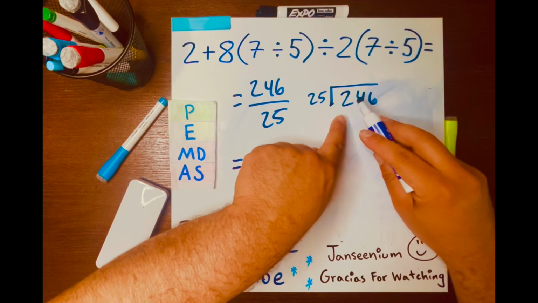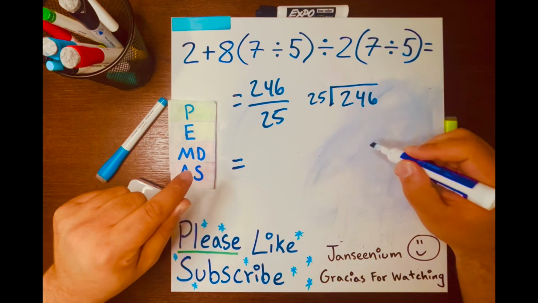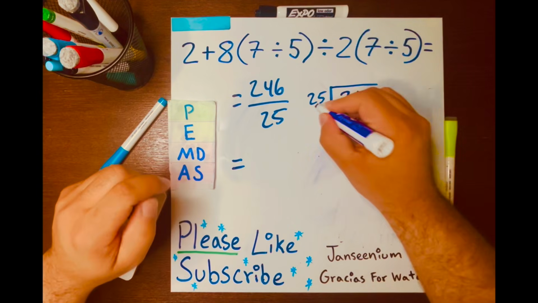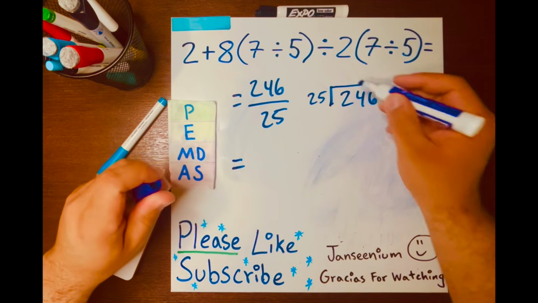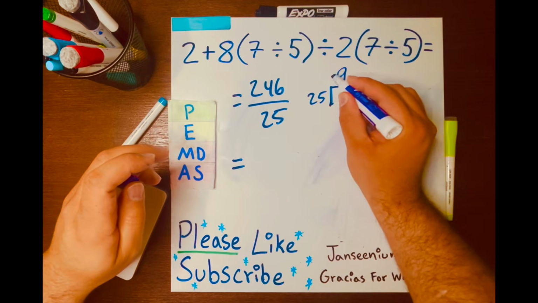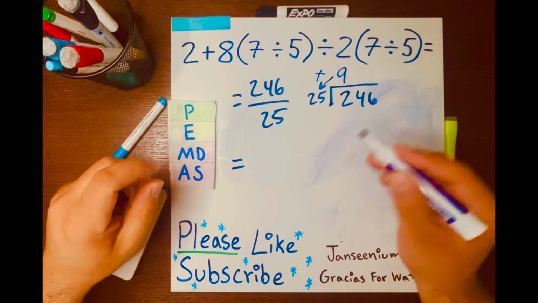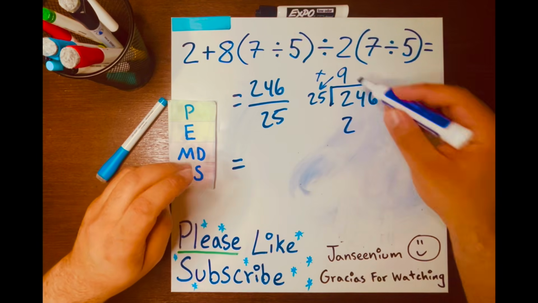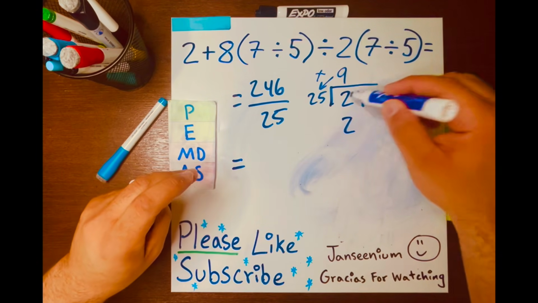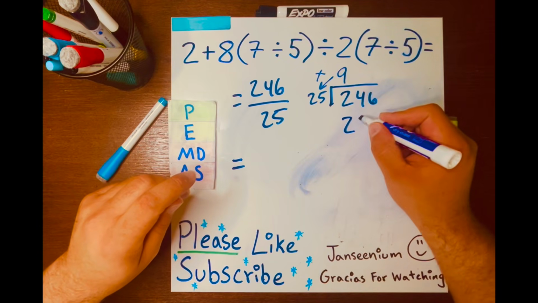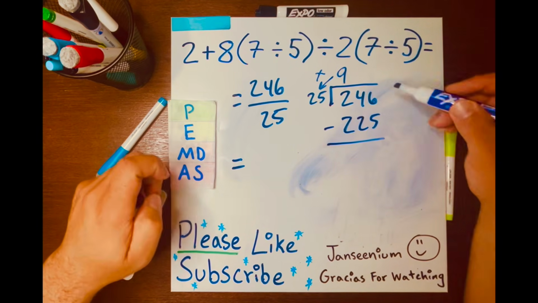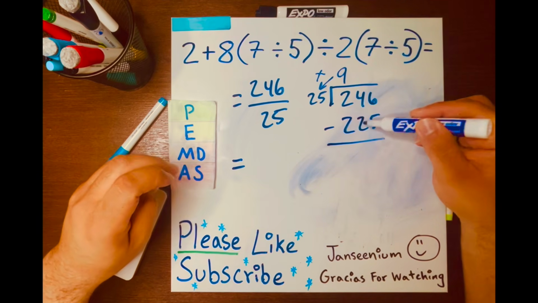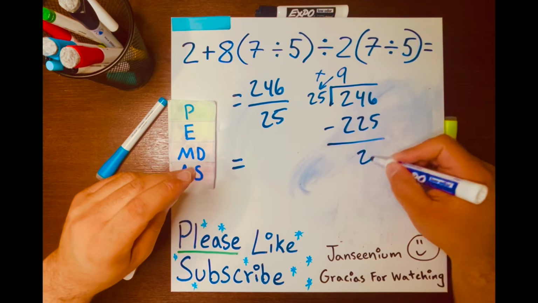We can fit that 25 into 200 8 times plus one more, which is in the 46. So we can fit 25 into 246 9 times, and 9 times 25 is 225. And then we subtract, so 246 minus 225 is 21.